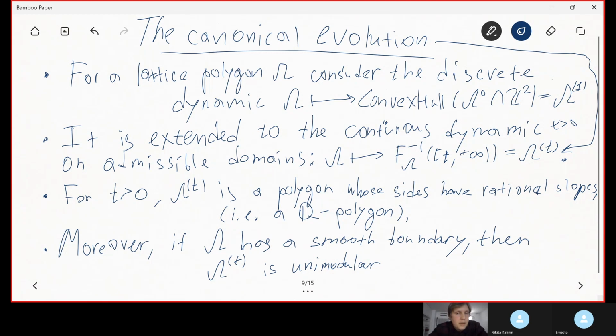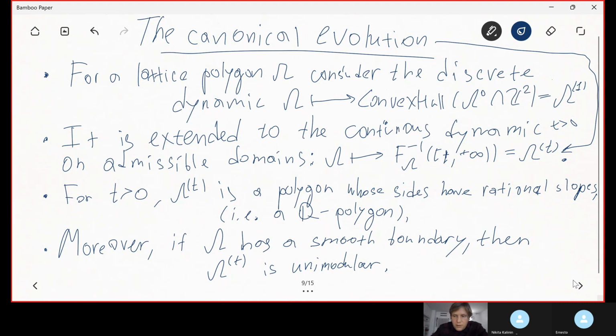This omega t is always a polygon whose sides have rational slopes. This is what we call a Q polygon, and if omega has a smooth boundary, then these level sets are actually unimodular polygons. And this is a canonical dynamic on the space of admissible domains. And it's very funny. It represents domains which are not Q polygons as a boundary. It's something which has no past in terms of this evolution.